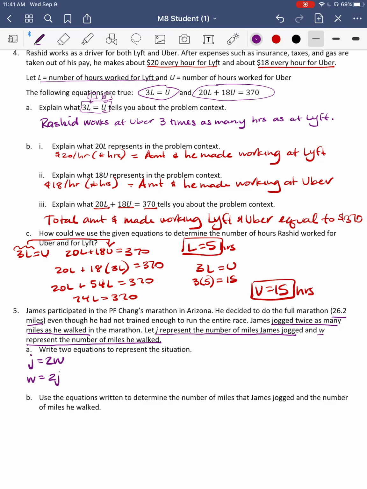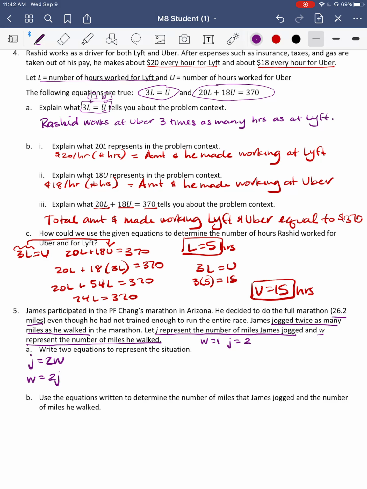One of the tips I told you guys is it's always okay to pick numbers. So let's try it. He jogged twice as many as he walked, so if he walked 1 mile, he would have jogged twice as many, so 2. This is a true statement based on the information: W equals 1 and J equals 2. We can plug it into both equations and see which one works.